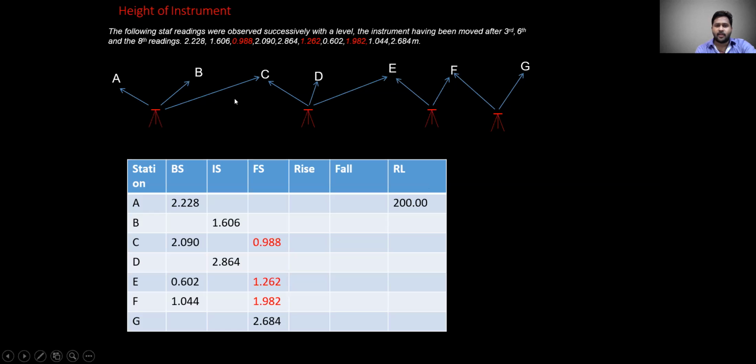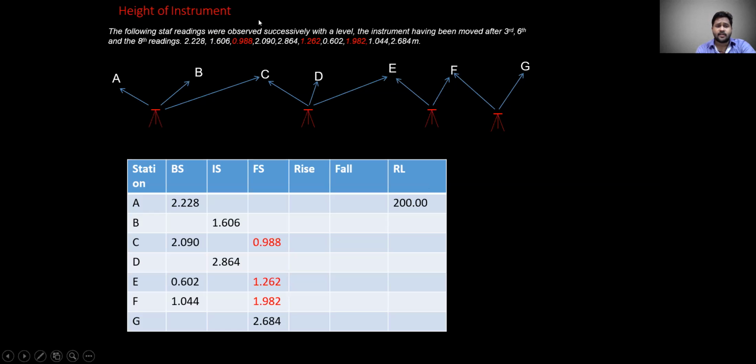If you see the problem, the following staff readings were observed successively with the level. The instrument had been moved after the 3rd, 6th and 8th.